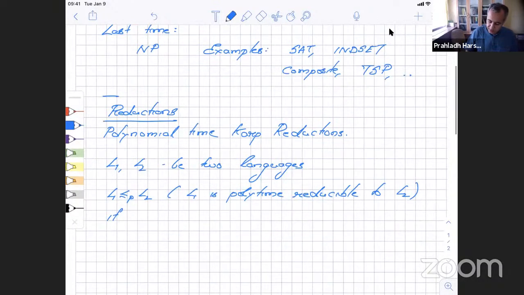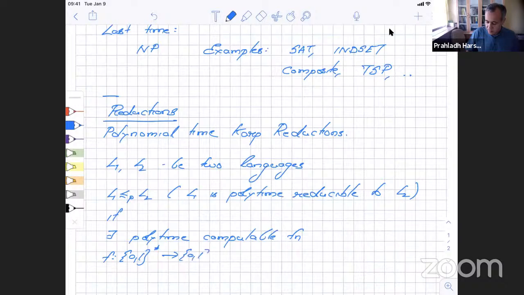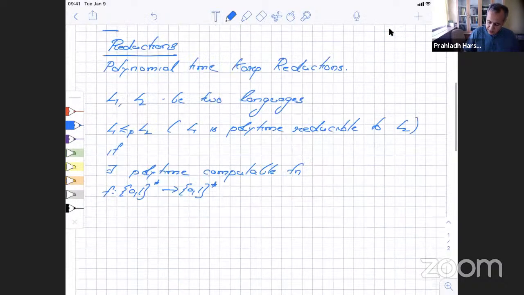If there exists a polytime computable function F that maps strings to strings such that X is in L1 if and only if f of X is in L2.